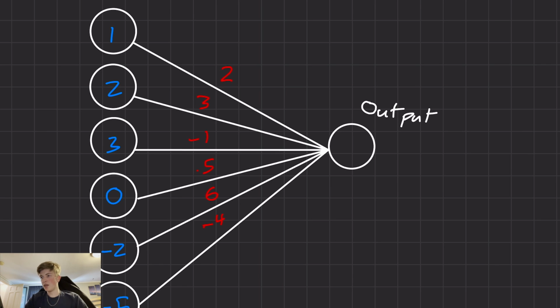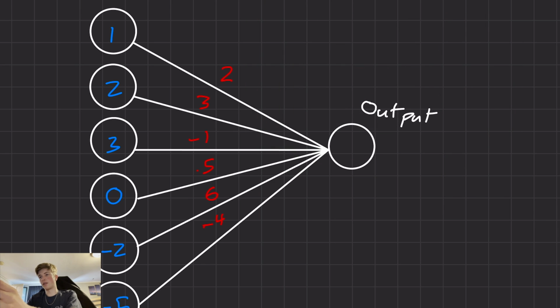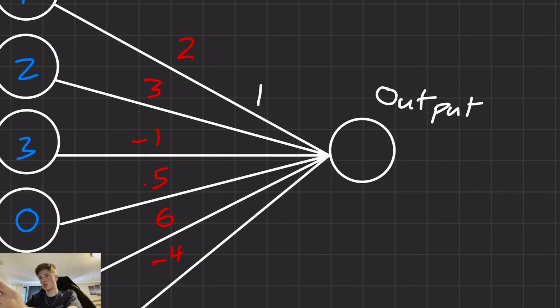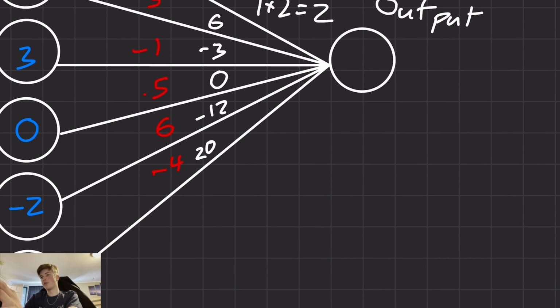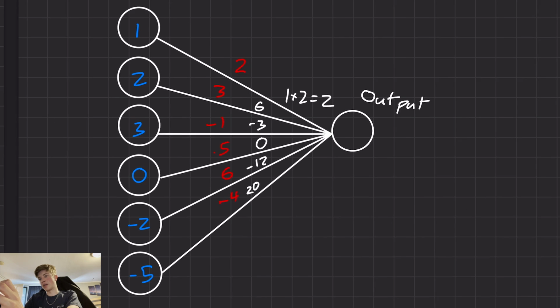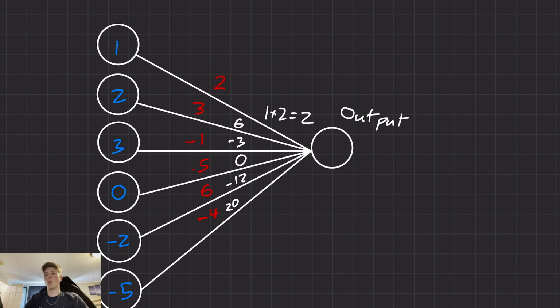And I also told you that the relationship between a weight and a neuron could be represented numerically by the operation of multiplication, by scalar multiplication. So I've included all of the numbers for the neurons and all of the numbers for the weights. So the first thing we're going to do is just multiply and get values for all of these.